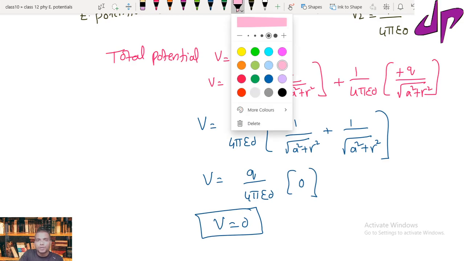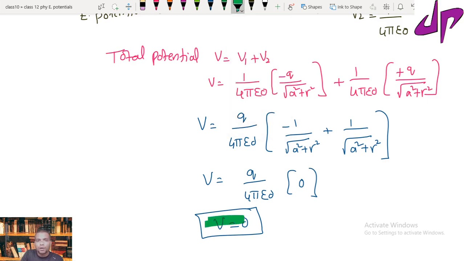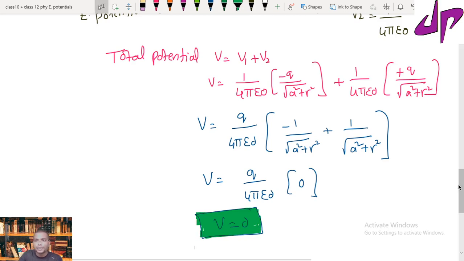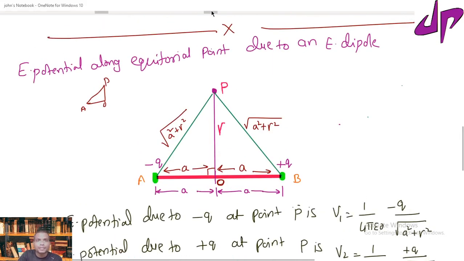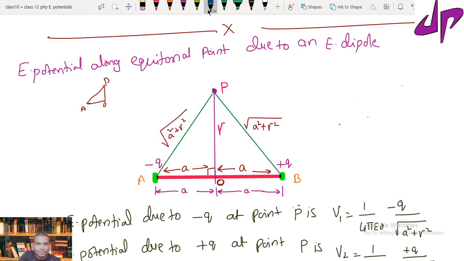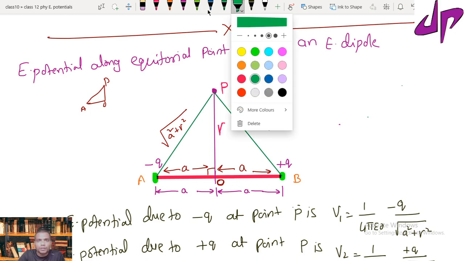So the potential due to an electric dipole along the equatorial point is equal to 0. It means if you take a point anywhere along this line from minus infinity to plus infinity, exactly at the middle of the dipole axis, that is why we call it an equatorial point.